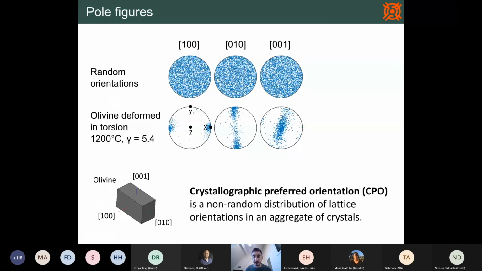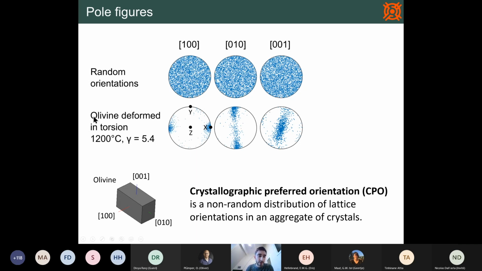So for many geologists, an easy way to visualize orientations is actually to plot the crystal axes on a stereographic projection. So here we've got a reference frame defined by the axes of the sample, X, Y, and Z. Maybe the orientations that we measure are random, and then they're going to be scattered all across this hemispherical space.